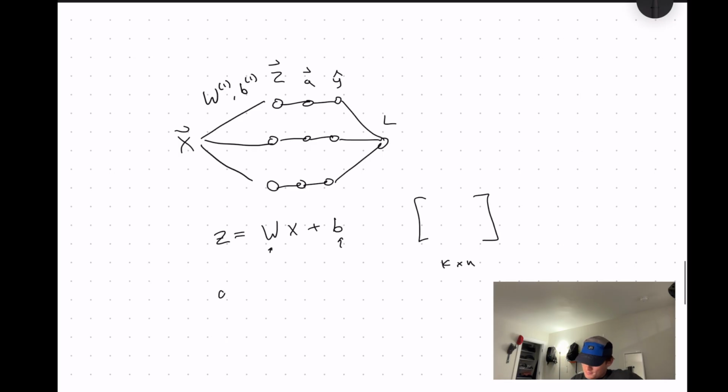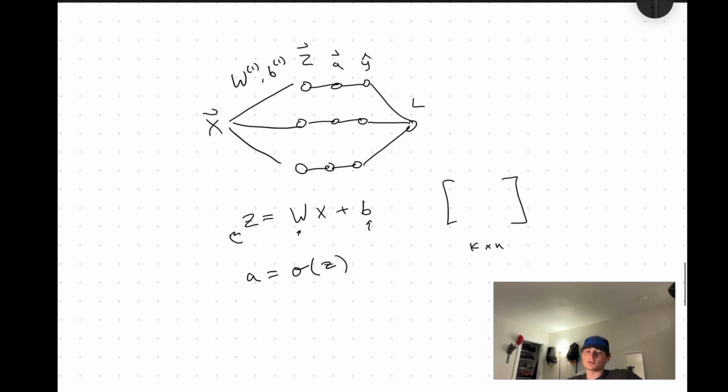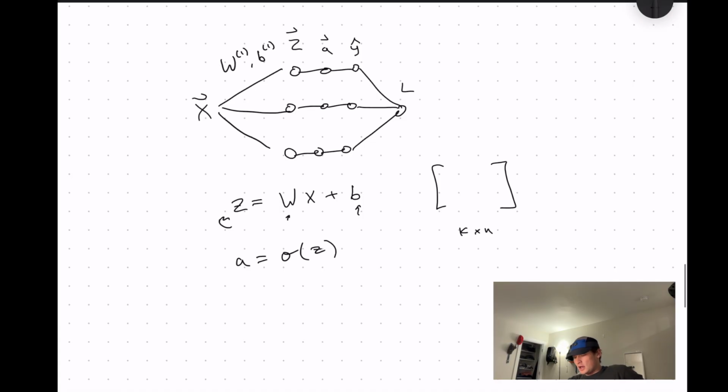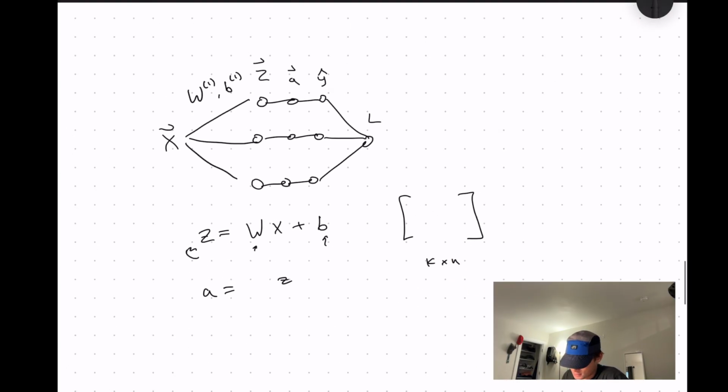Then we have A equals this Z. But now Z is also a vector, right? So the sigmoid is going across the vectors. And now, oh, that is not true. We're doing softmax. Okay.